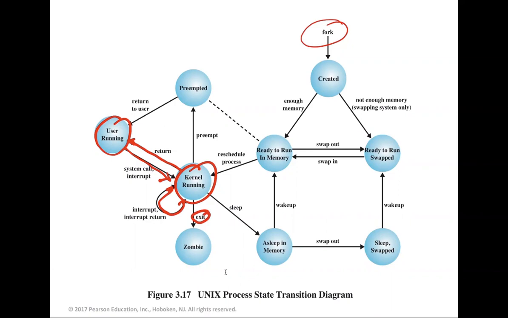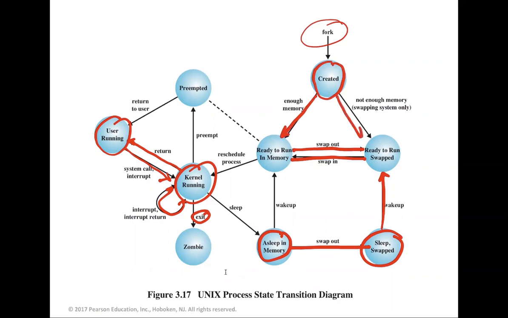And then if you are sleeping in memory and then you are swapped out, that means you are asleep and swapped out. If you have been awakened, then you are ready to run. If you are swapped in, you will go to ready to run in memory. If you are swapped out, you go back to ready to run and swapped. Initially, when the process is created, if there is enough memory, it will go immediately into ready to run in memory.